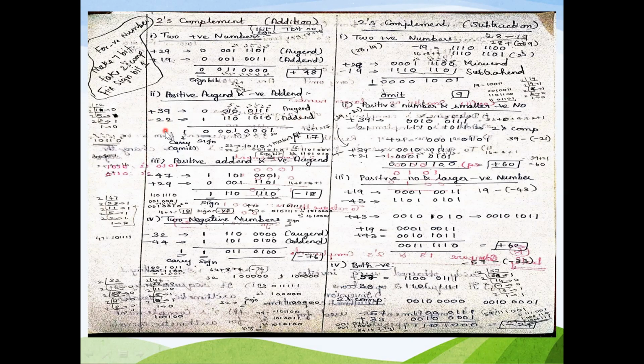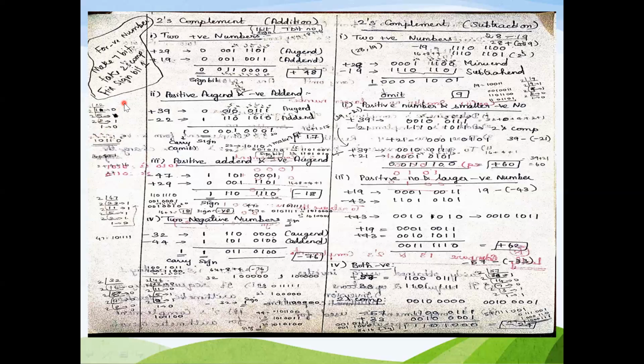Similarly, I want to represent minus 22. Now please understand how I am going to represent this minus 22. So first of all, for 22 I am going to calculate the binary representation using the successive division and I got the answer as 10110. So I represent it by only 5 bits. 10110 is a representation of 22.